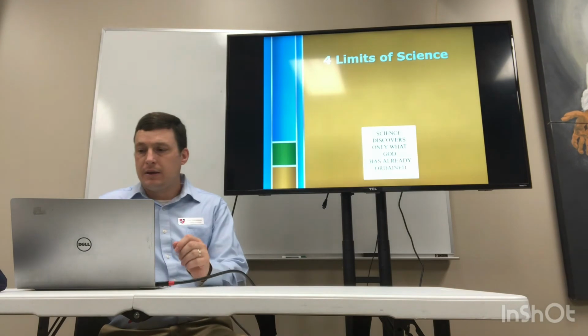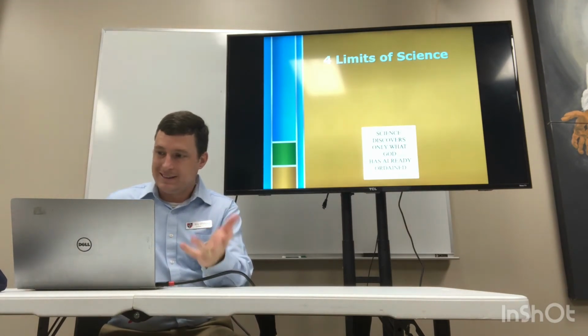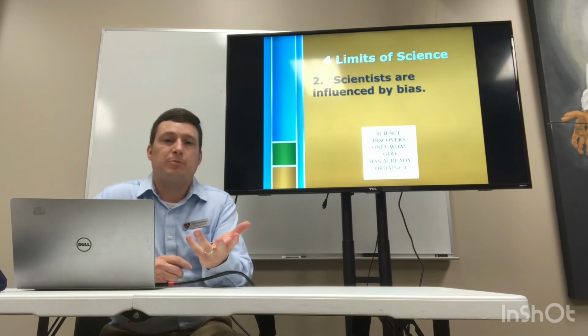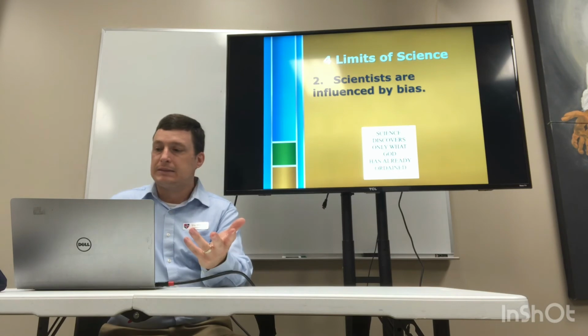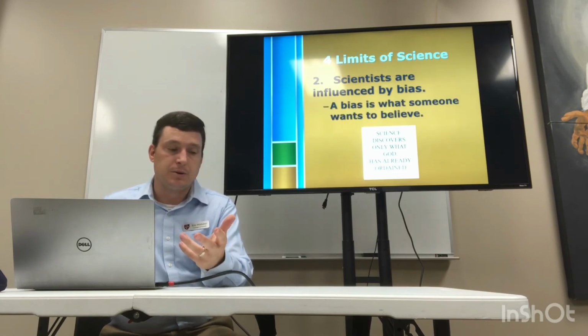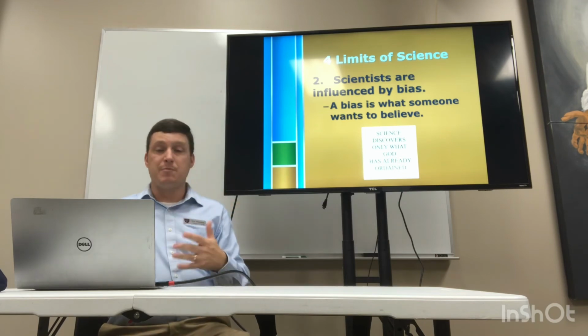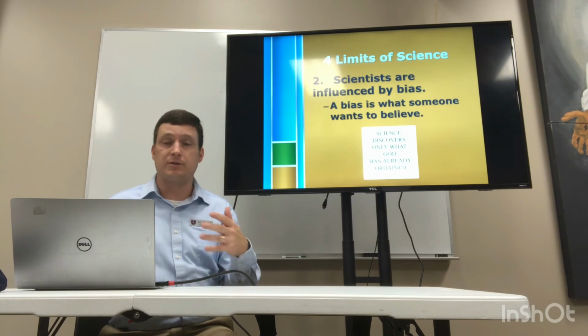Now the second limit of science that we discussed was that scientists are often influenced by their biases. And we defined that: a bias is simply something that someone wants to believe. So, for example, I am influenced by the bias that I hold that God's word is true. That is my bias.